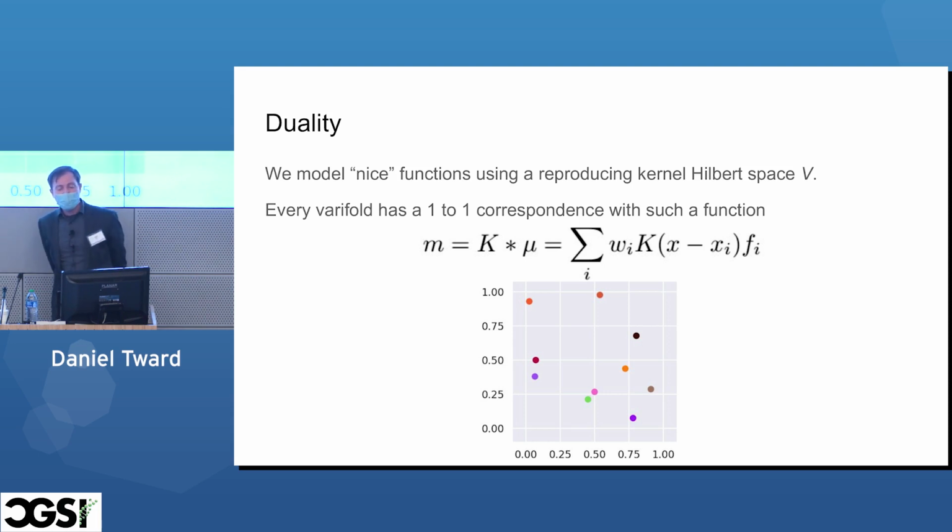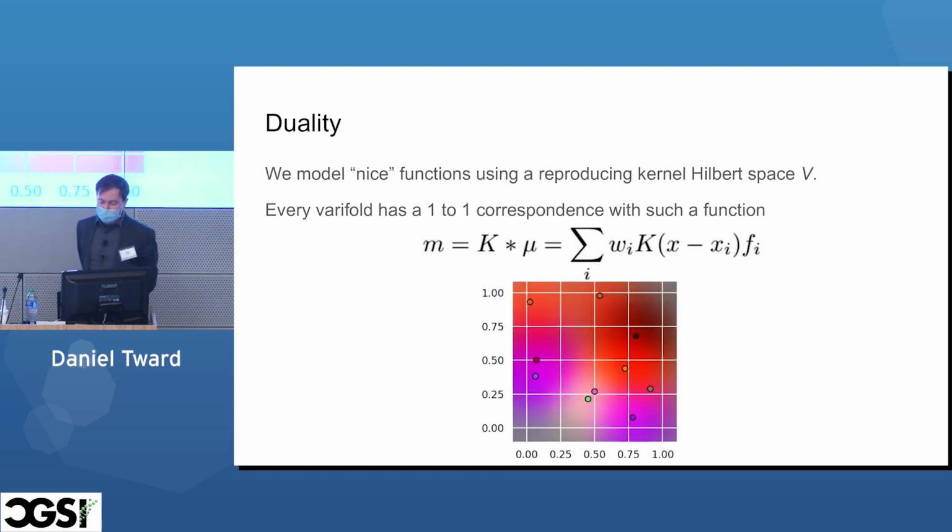And what's nice about reproducing kernel Hilbert spaces is that there's a duality between these varifolds and the smooth functions that they can act on. So for every varifold, we can produce a corresponding smooth function and vice versa. For this varifold you see here, if we act on it by convolving it with a smooth kernel, we get a smooth function like you see here.